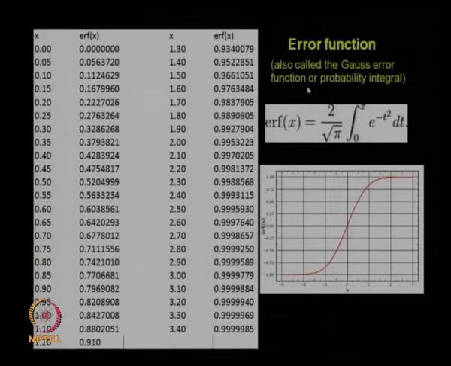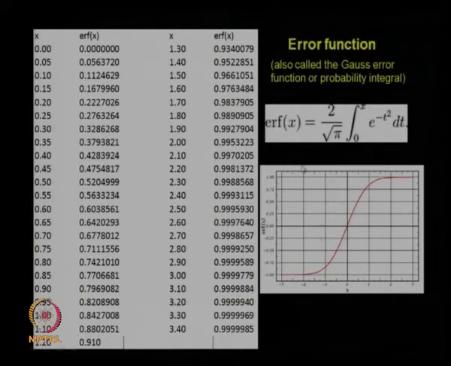We later on introduced something called the error function. This is also called a Gauss error function or a probability integral, because it's an integral between two limits. So the error function of x is given by 2 divided by square root of pi, integral 0 to x, e power minus t square dt.